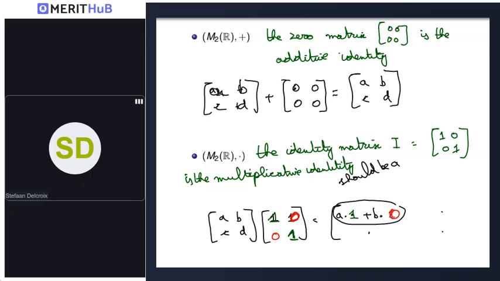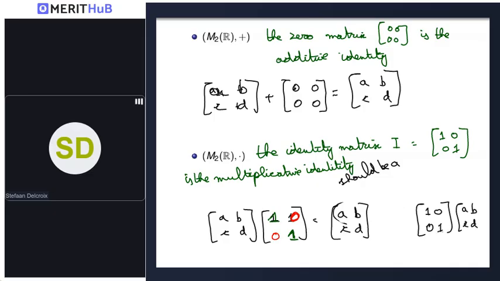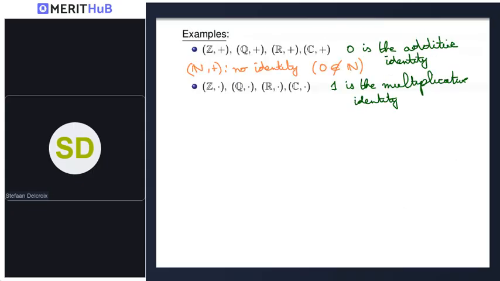But because the multiplication of matrices is not commutative, that means you have to check both sides. So yes, it turns out when you work this out that you get A, B, C, D. But if you multiply it the other way, you also get A, B, C, D. So if we go back to the numbers, the identity under addition was the number 0, the identity under multiplication was the number 1.